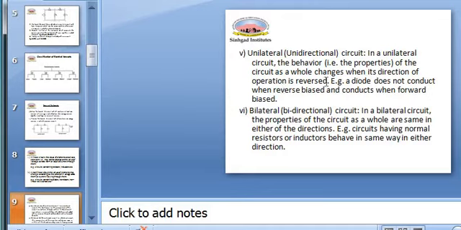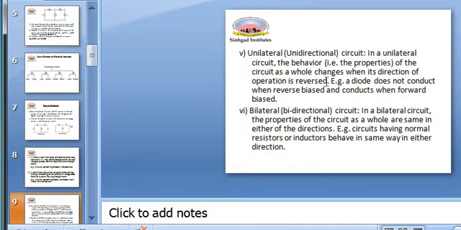What does it mean? There are circuit elements. For example, in your syllabus, resistance is the only element which we are going to deal with. Resistance is bidirectional. We can change the direction of current flowing through it. So, resistance can't be unidirectional.